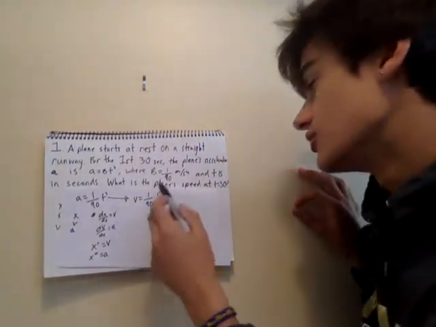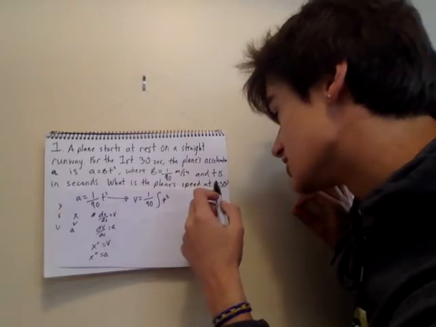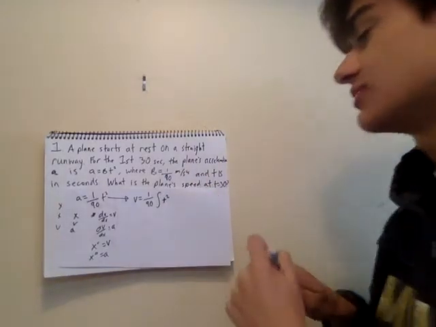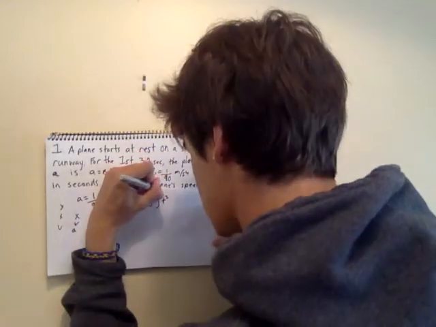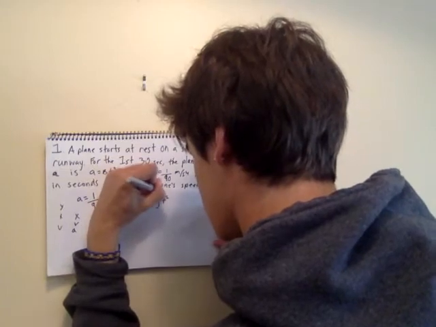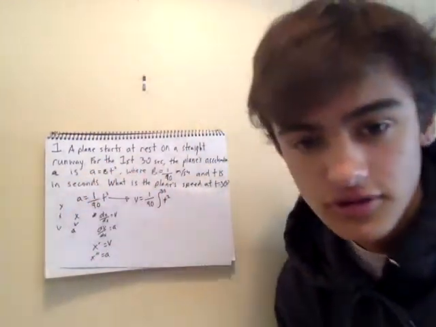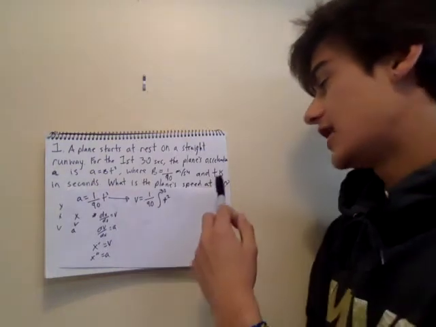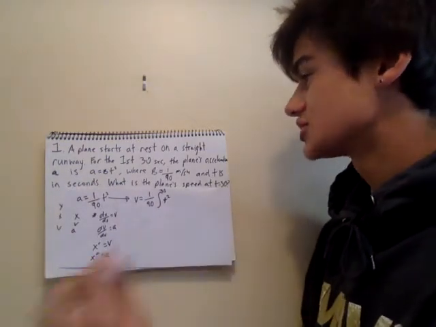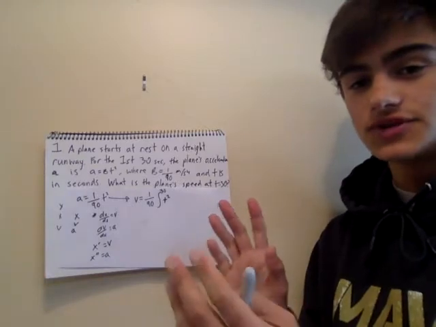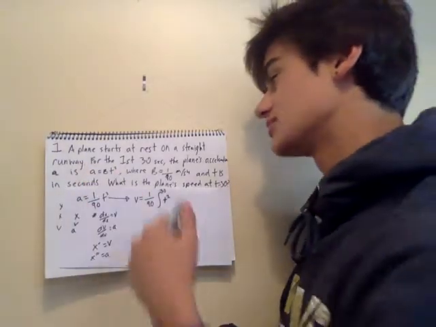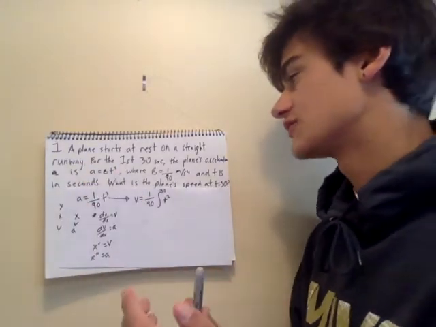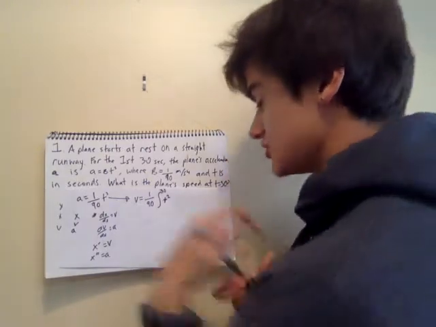We know we're ending when the plane's at t equals 30 seconds, so this upper bound is going to be 30. I don't know if you can see that 30, it's a little bit hard to read. Our starting bound is just going to be the entire time interval that this plane is taking off, so it starts at t equals 0 seconds.